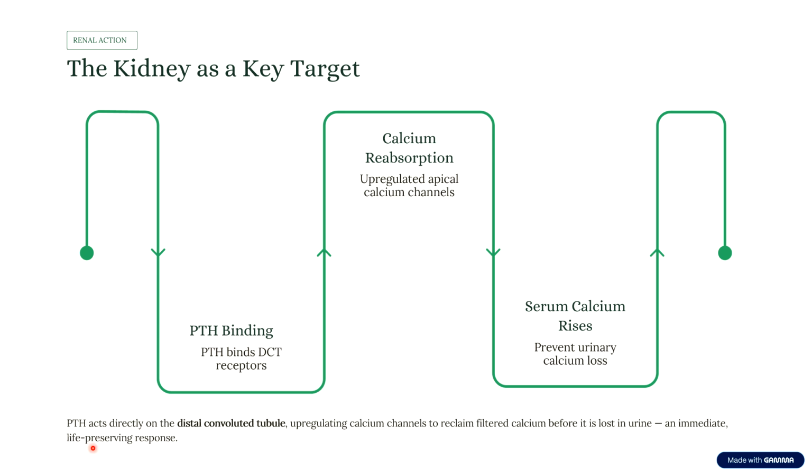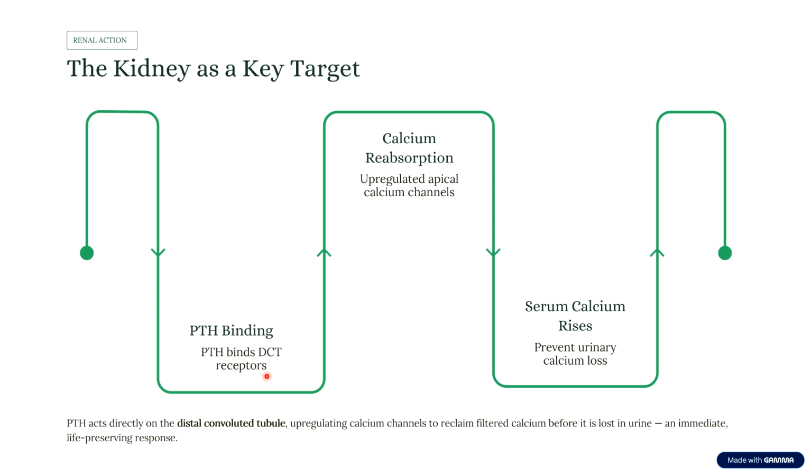An immediate life-preserving response. If the calcium is lost from the body in the urine, then nerve conduction, muscle contraction, and bone integrity, all these functions will be lost in our body. So the main target of the kidney is to help the PTH bind with the DCT receptor.